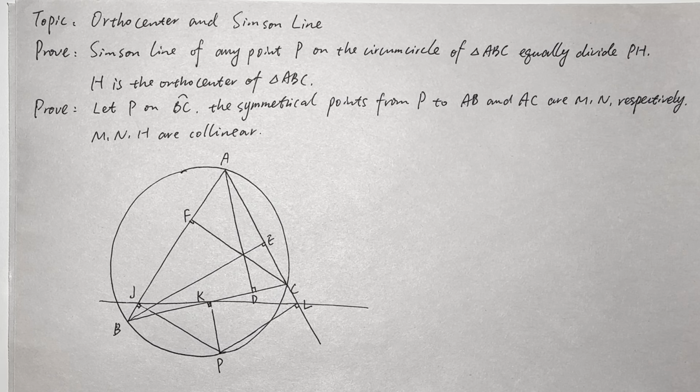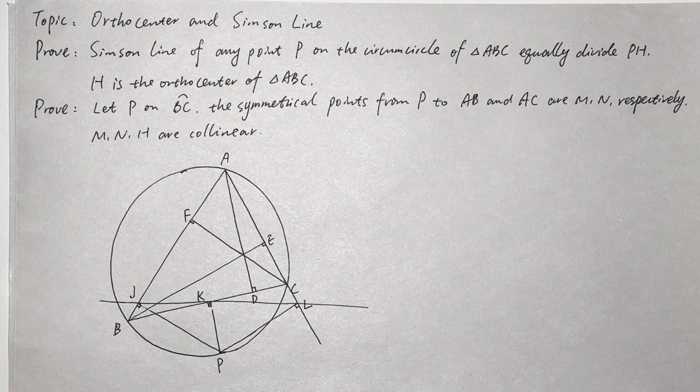And you can see the similarity of these two things, right? Because how we get the Orthocenter, we do the projection in a triangle on three edges, right? And how we get the Simson line, we do projection from a point to three edges.